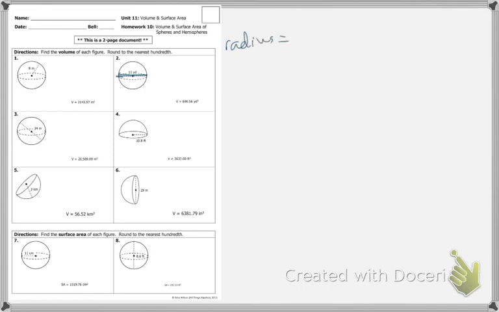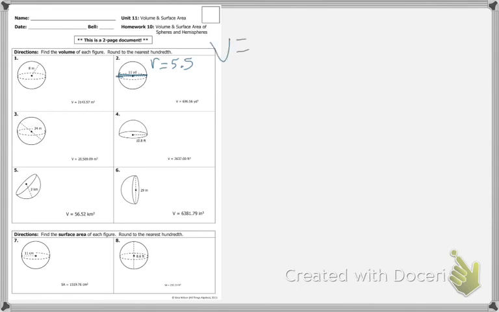You have to cut the diameter in 2. That means your diameter, 11, divided by 2 ends up being 5.5. So now your radius is 5.5.